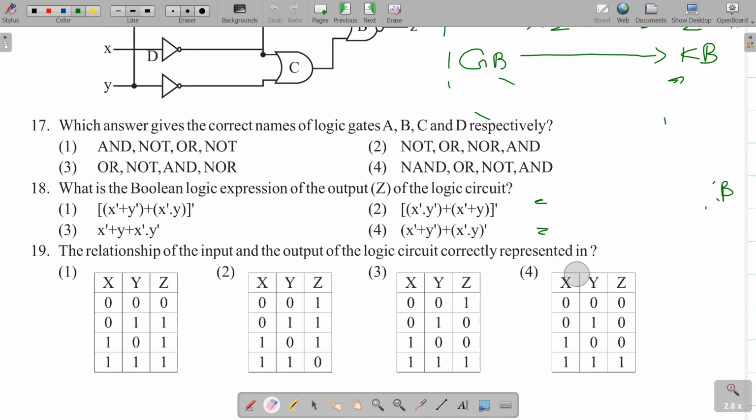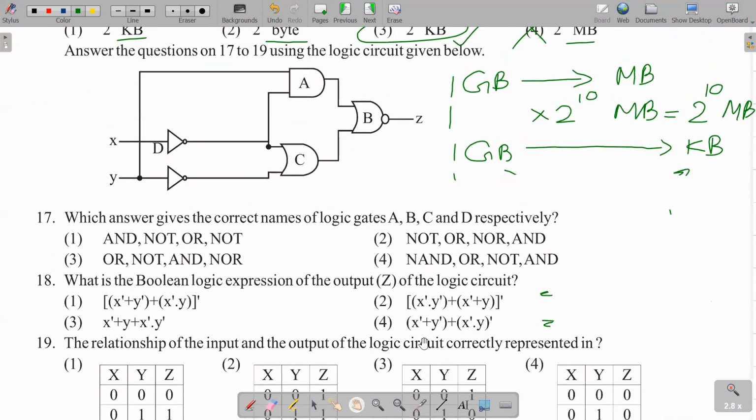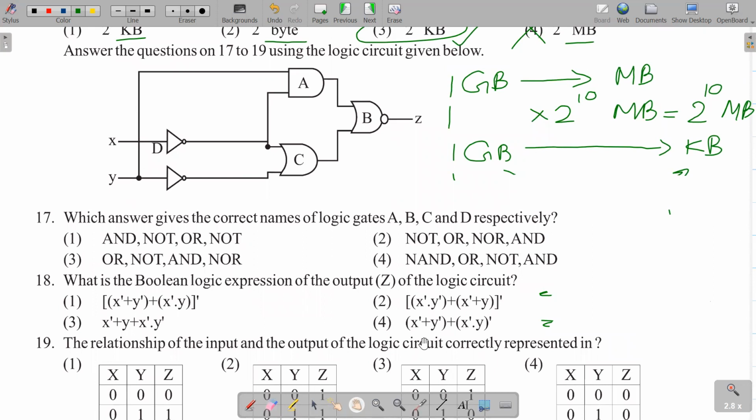In 17, it is asking which answer gives the correct names of logic gates A, B, C, and D respectively. That's quite a direct one. In the 17th, there is a problem in your paper, right?